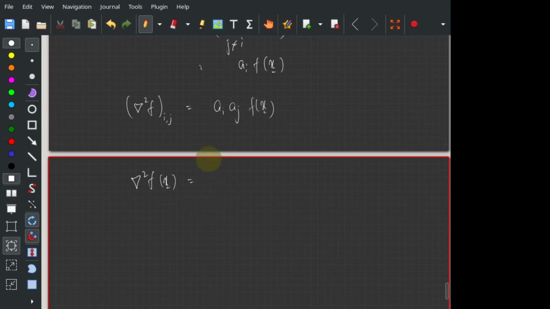Yeah, so it's just the outer product of A with itself. So it's A A transpose times f of x. Oh, f of x is always positive.